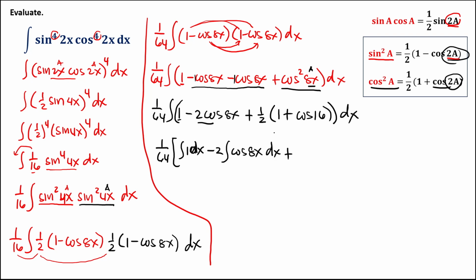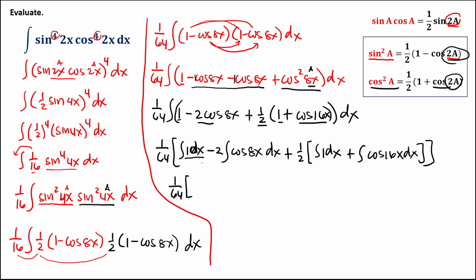Then plus, for this term, put 1/2 outside, then a bracket, the integral of 1 dx, then plus the integral of cosine 16x dx. Now to evaluate, bring down this 1 over 64.